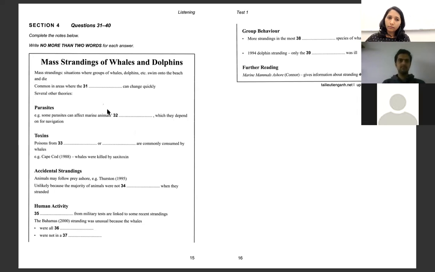Section 4. You will hear part of a lecture about a problem related to the behaviour of certain sea creatures. First, you have some time to look at questions 31 to 40.